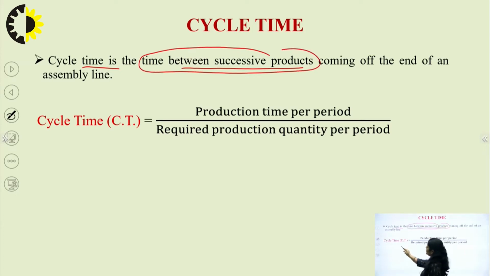We can calculate this cycle time as the production time per period divided by the required production quantity in the same period. Our objective will be to assign the tasks to different workstations in such a way that the particular tasks can be completed in a time which is less than the cycle time.